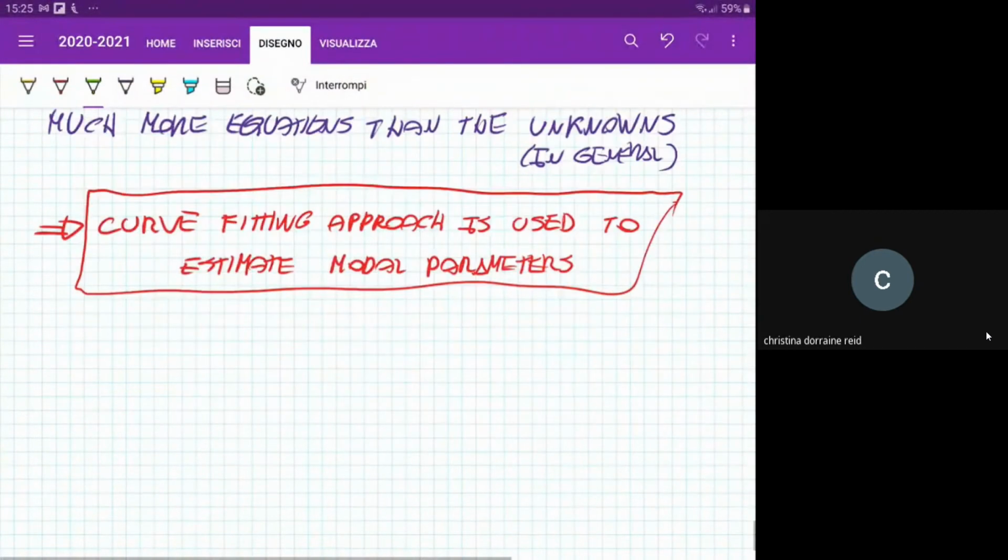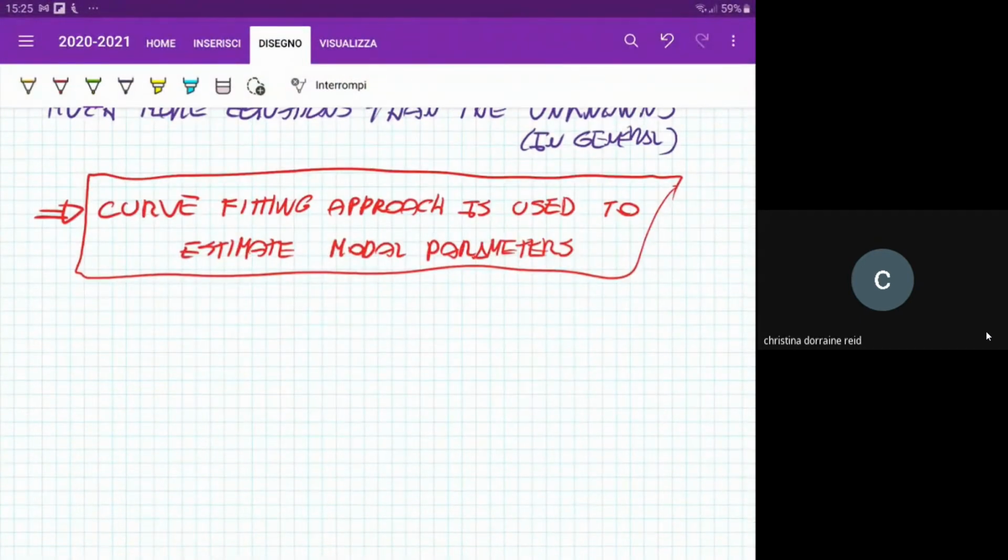There are lots of estimating processes, and these estimating processes could be grouped according to the domain and the model that they are using.